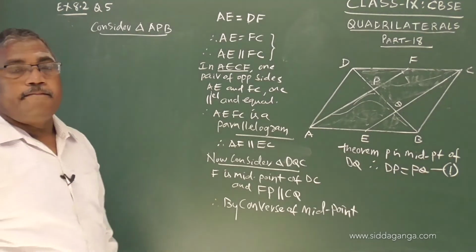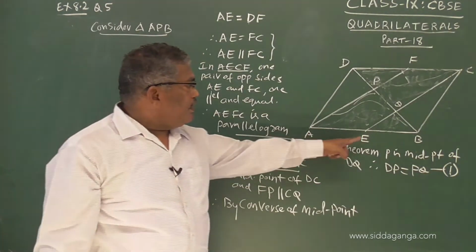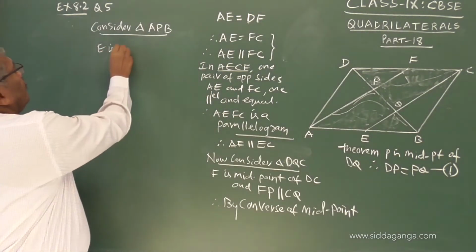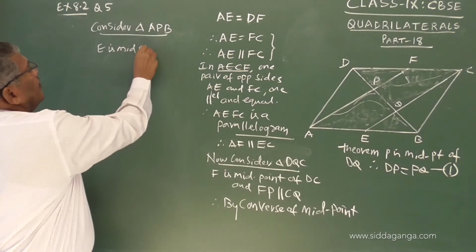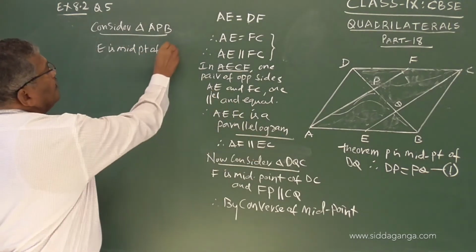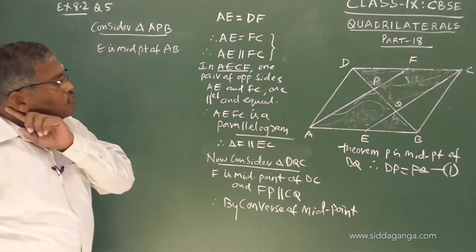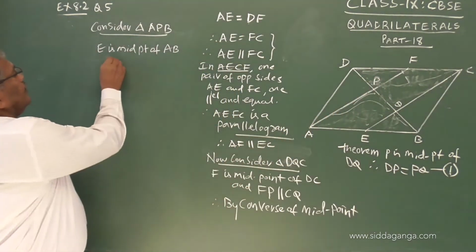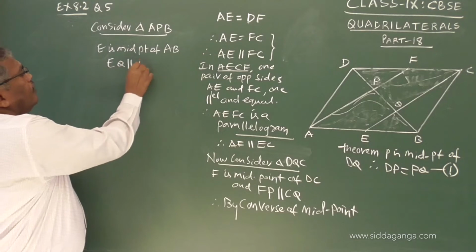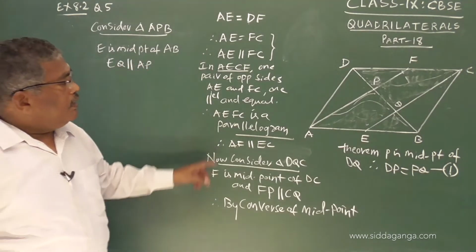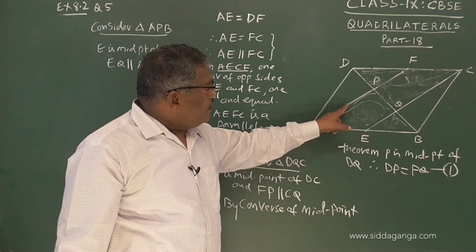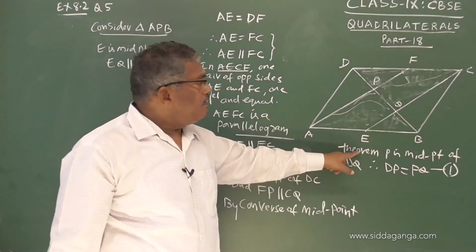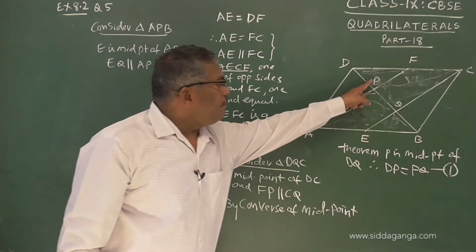So, in this triangle, we know E is the midpoint of AB, and also we have EQ parallel to AP. So, when this is the midpoint and these two are parallel, based on the converse of the midpoint theorem, we can say Q is the midpoint of PB.